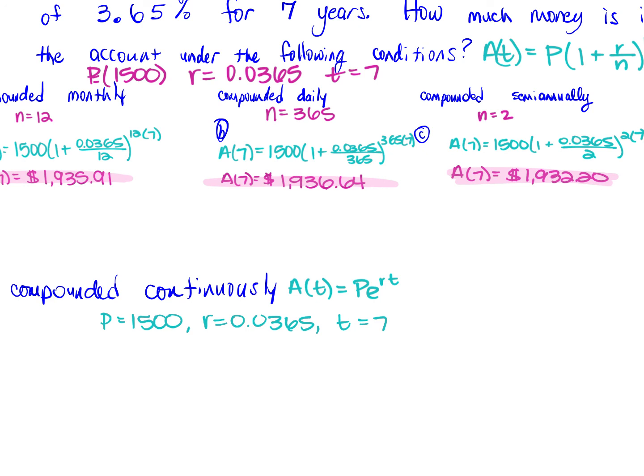So if we put this all into our formula, it's going to be A of 7 is equal to 1500 times e to the power of 0.0365 times 7. Again, we round to the second decimal place since we're dealing with money. And this gives us $1,936.66.